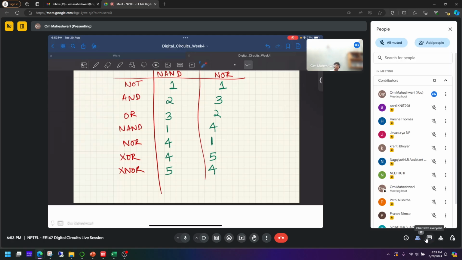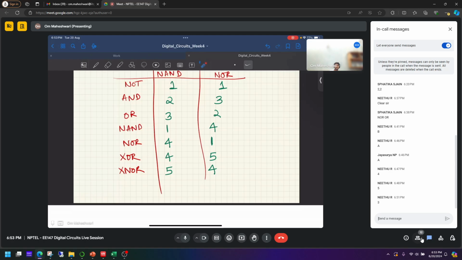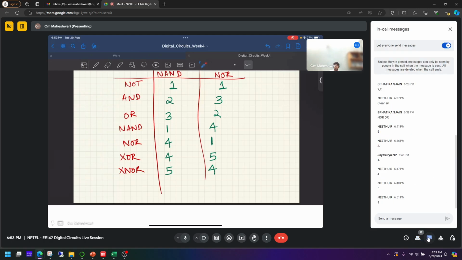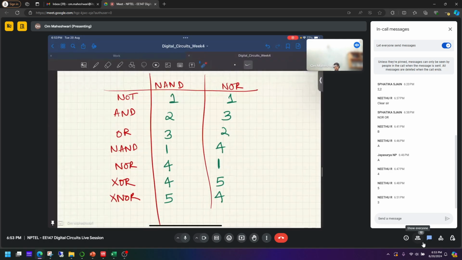Is there any doubt in this? So it is important you remember this. It is very much easier when you're giving some competitive exam like GATE. If you remember this instead of trying to make it there and then, it is very easy to solve questions if you remember this table.